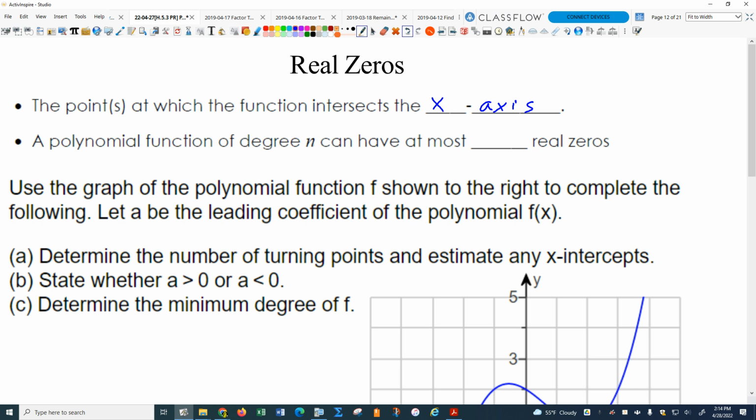What does that mean? If the real zeros are the places where the function is guaranteed to intersect the x-axis, what's another name for real zeros? X-intercepts, right?